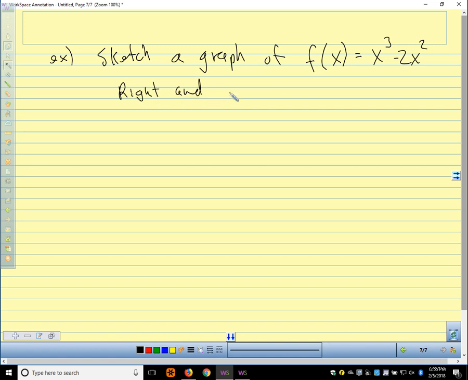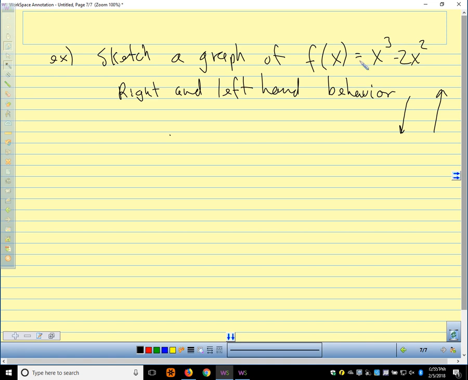So the first thing we'll do is look at our right and left hand behavior. So our leading coefficient, highest power on x, x to the third, leading coefficient is positive. So our right and left hand behavior is going to be this. So eventually, our graph is going to go down on the left and up on the right. It's going to do some things in between, and we'll find out what those are.